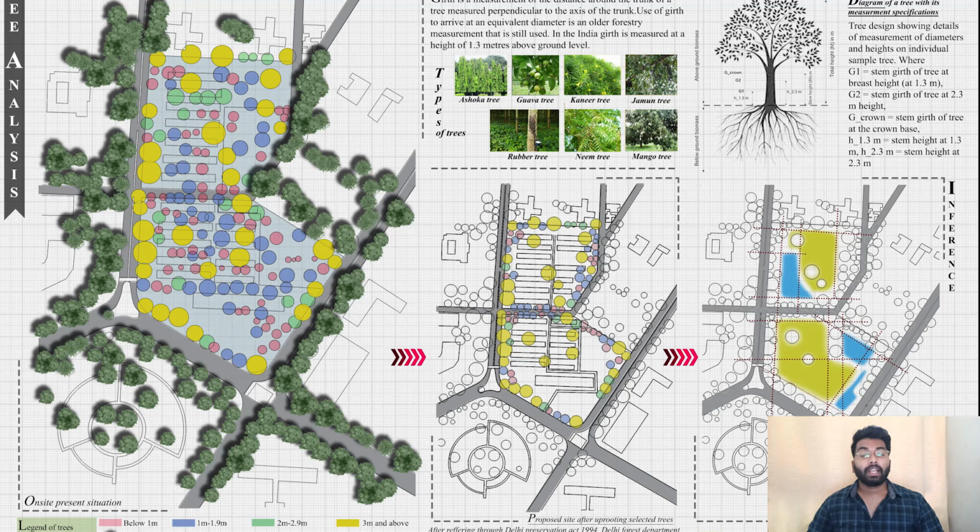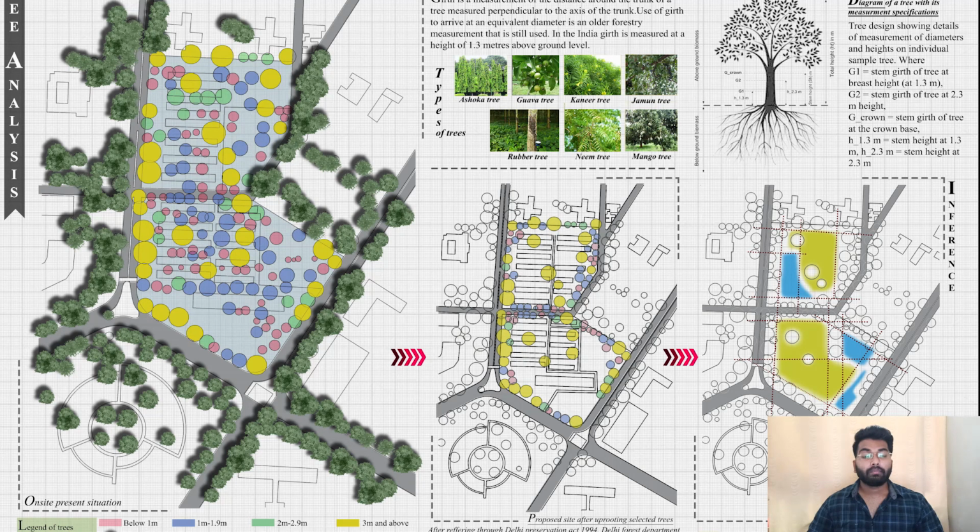The types of trees present in the site are Ashoka tree, guava tree, Khaneer, Jamun, rubber tree, neem and mango tree. Basically girth is a measurement of the distance around the trunk of a tree, measured perpendicular to the axis of the trunk. Use of the girth to arrive at an equivalent diameter is an older forestry measurement that is still used.